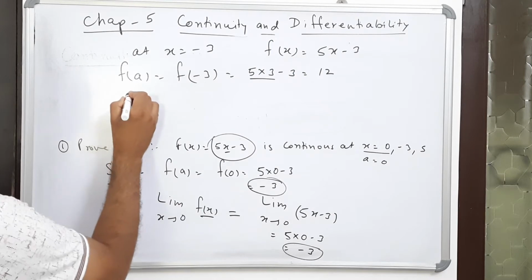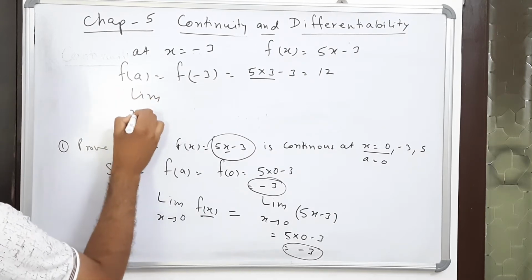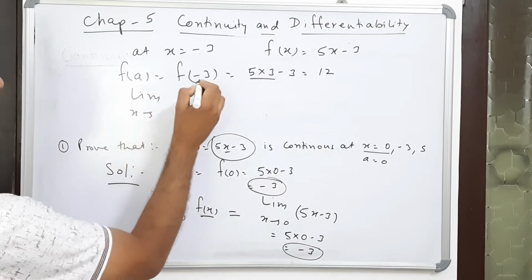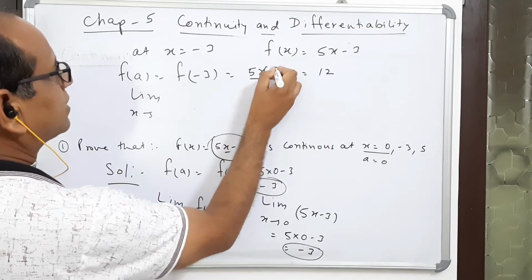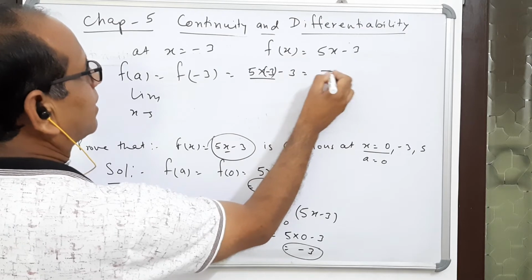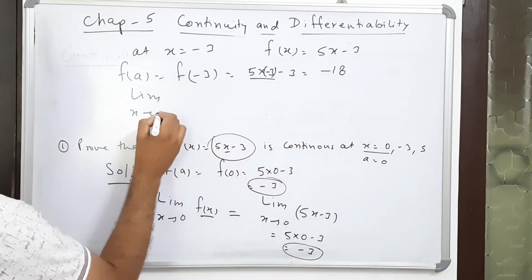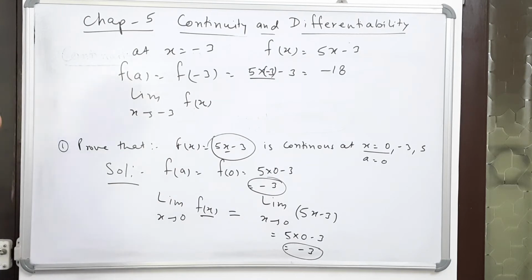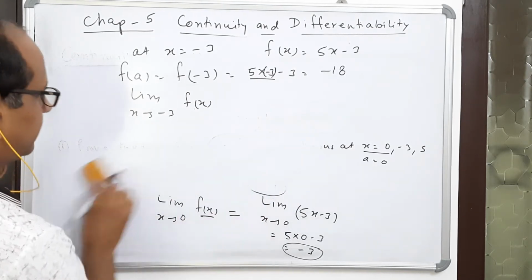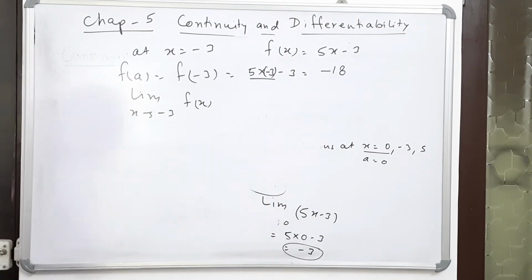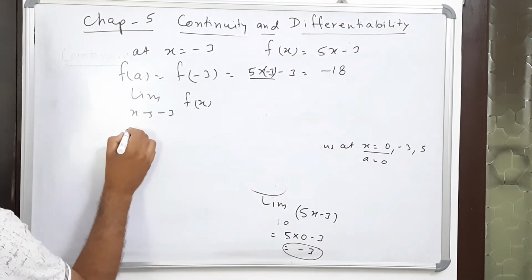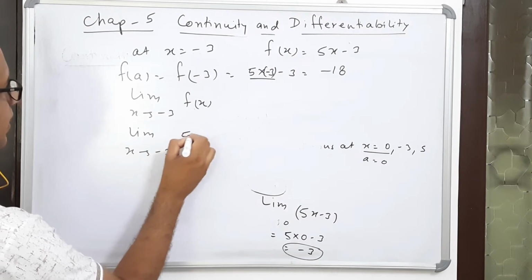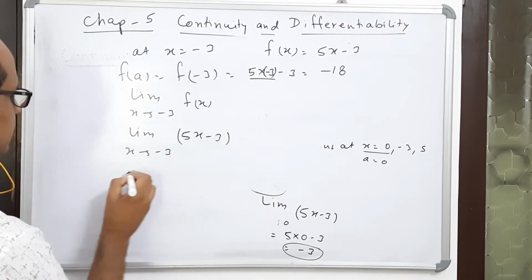Now we calculate the limit as x tends to minus 3 of f(x). When you calculate the limit at x equals minus 3, you will find the limit as x tends to minus 3 of f(x) is 5x minus 3.